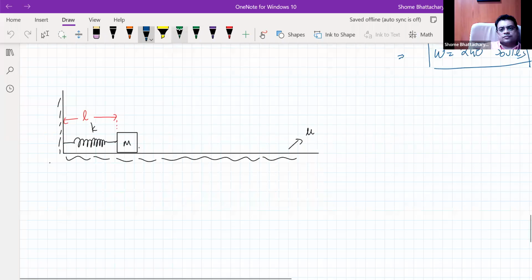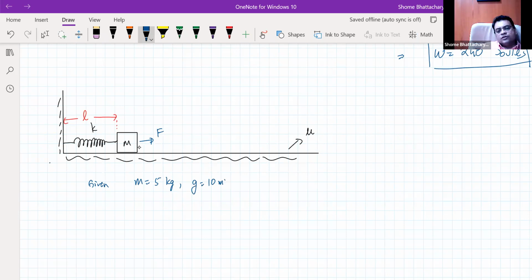Okay. So now we are applying a constant horizontal force like this on the block. Given that the mass of the block is 5 kilograms, take g as 10 meters per second squared, take the coefficient of friction as 0.1, and take the spring constant as, let's say, 20 Newton per centimeter.